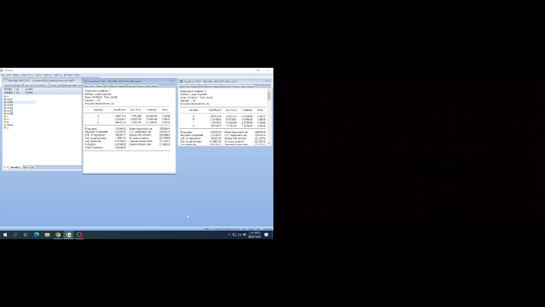The correct one is negative 9074 something, but the one you run is only negative 87. And also for I, the correct one is 1.28 something, and the one you run is 2.32.